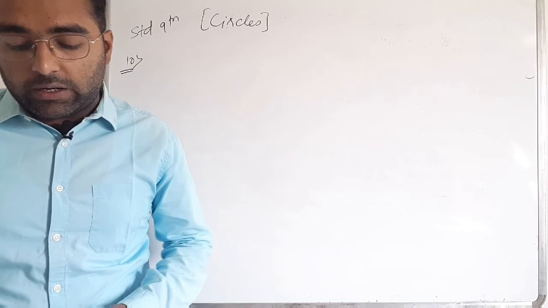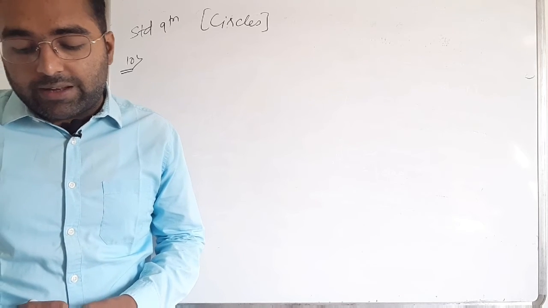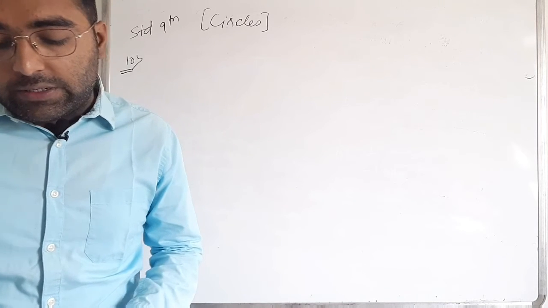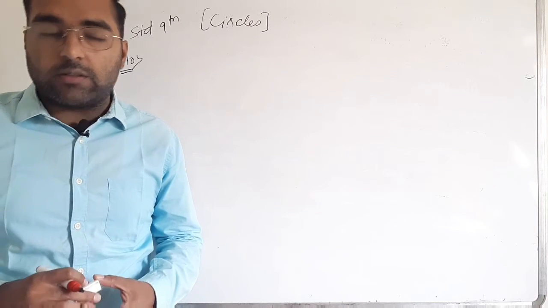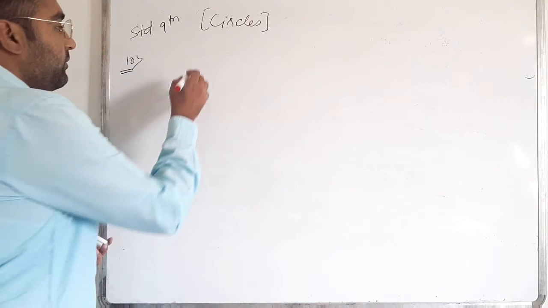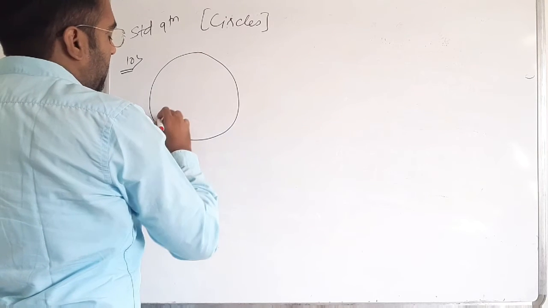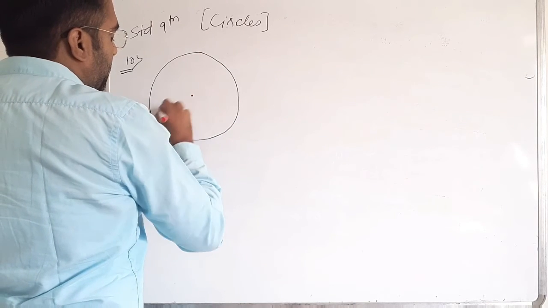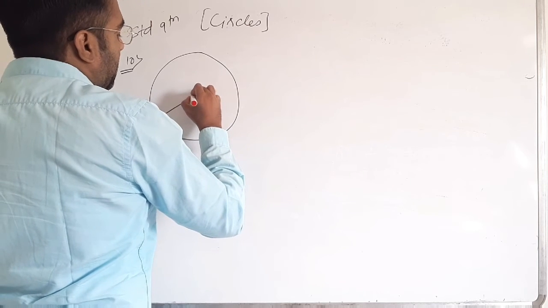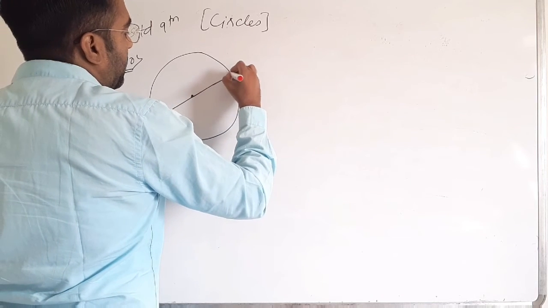Question number 10: if circles are drawn taking two sides of a triangle as a diameter, prove that the point of intersection of these circles lies on the third side. Here two circles are given, and the diameters of both circles are sides of the triangle.